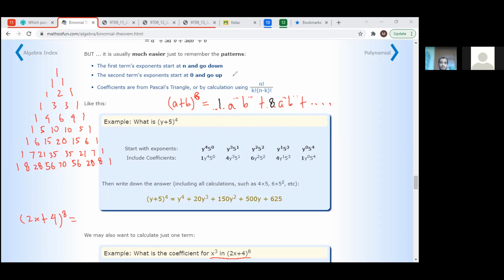How about the powers? The power for the first term will start with 8, and then 7, and then 6, and so on. So let's continue with the next line: this one will be 28 times a to the power of something, b to the power of something.